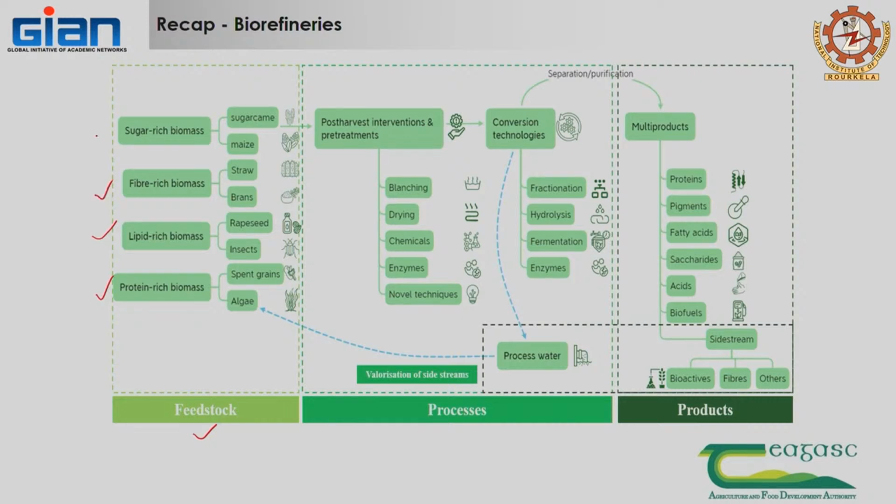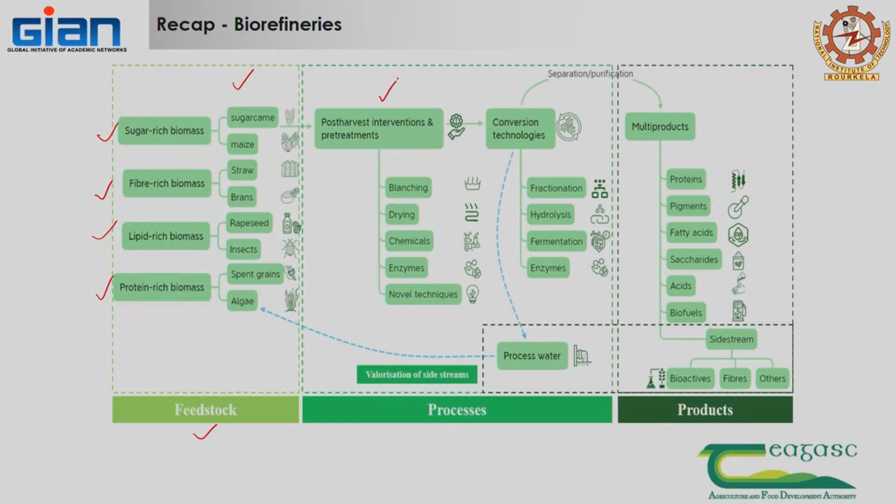Fiber rich and sugar rich is not included there, but any of those feed stocks could be considered as input material for a biorefinery. When you are establishing a biorefinery, which is also part of your assignment, one important thing is what feed stocks you are considering. Within the feed stock, what is their composition, what are their physicochemical properties, and what can you obtain.